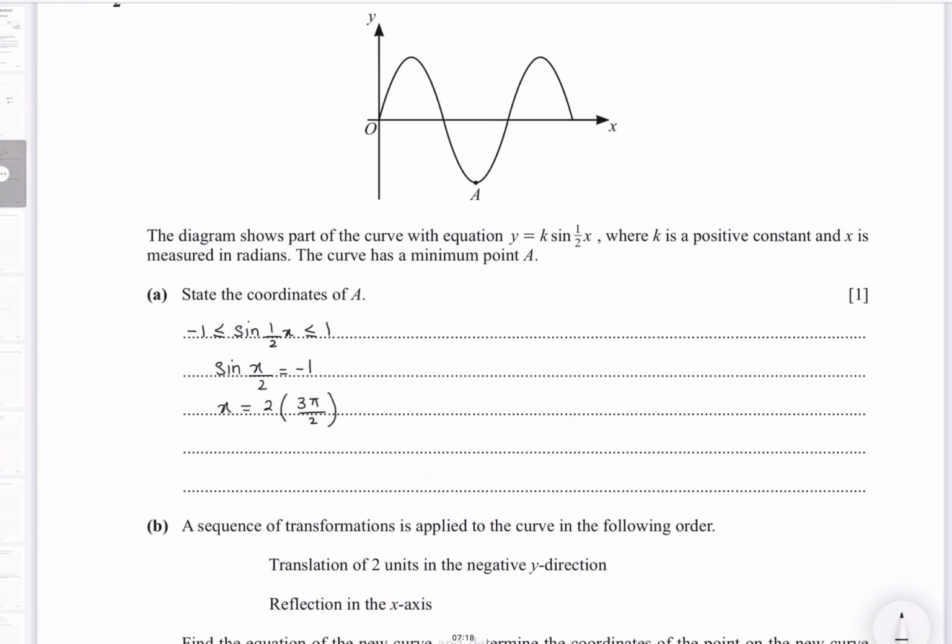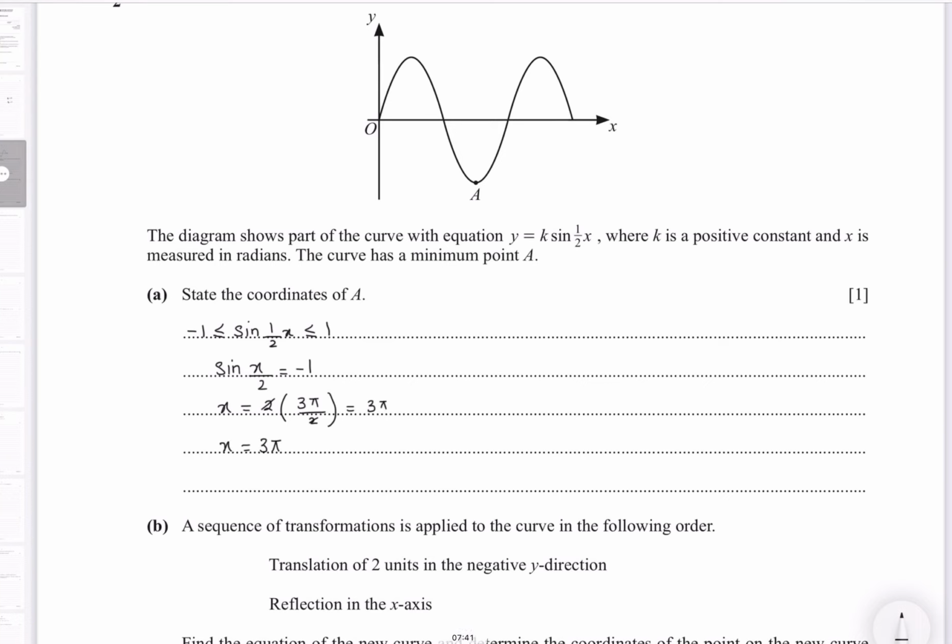So 270 is in degrees, and we have to write in radians. In radians, 270 is 3 pi by 2. Now simplify this, 2 and 2 will be gone. So the x coordinate of point A would be 3 pi.